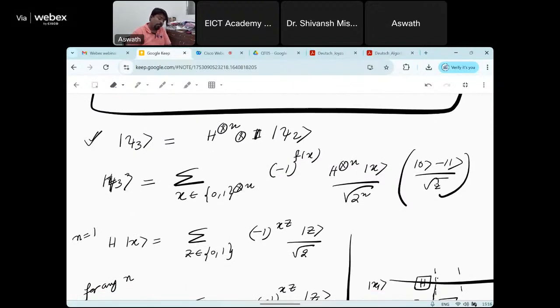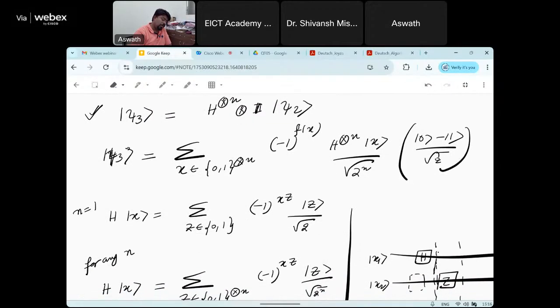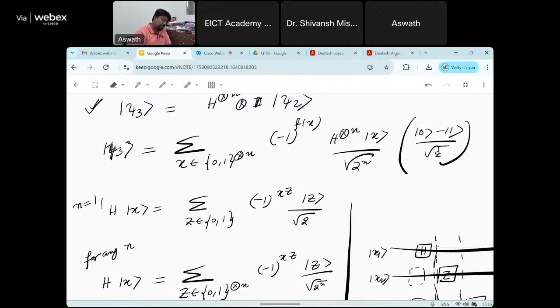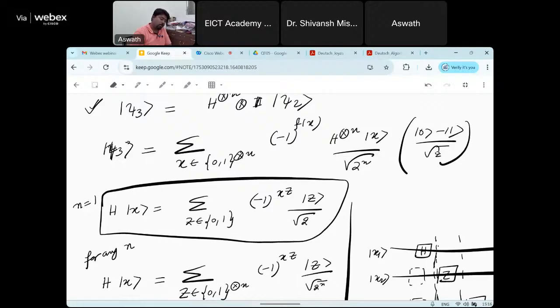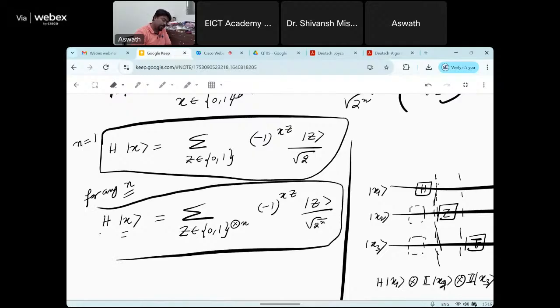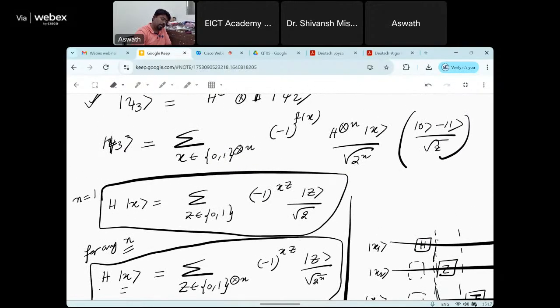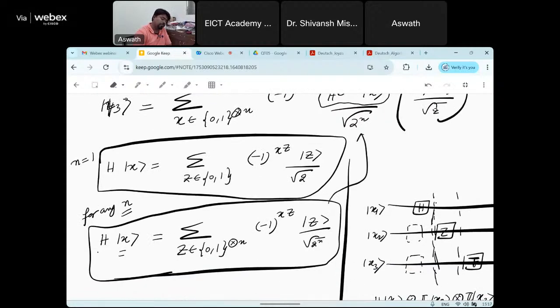As we know, H acting on a generic x for n equal to 1 gives this. For any n, H acting on x could also be written like this. So wherever there is an H acting on any generic x, let's replace it with this.